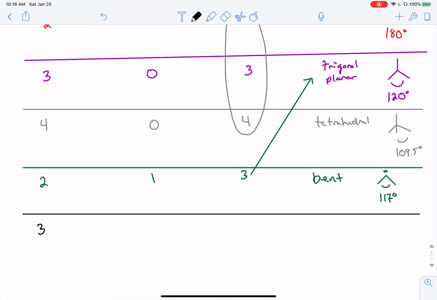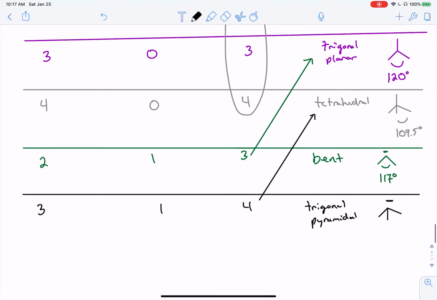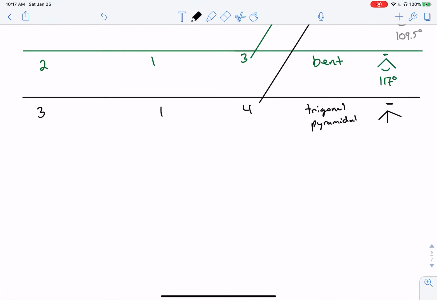Here, let's say we have 3, 1, and 4. That's still tetrahedral, but because you have a lone pair now, you have trigonal pyramidal. So now you have a lone pair, but you still have a pyramid down here, kind of a tripod. It's hard to draw on paper, but imagine it like a pyramid.